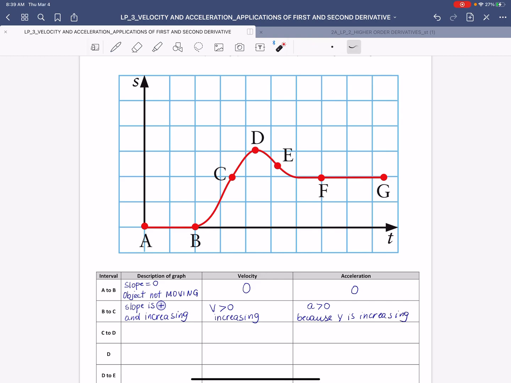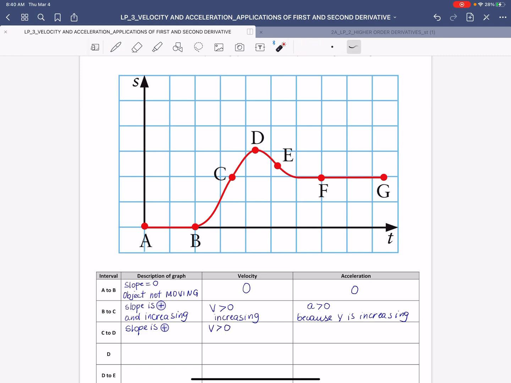The next time interval we're looking at is from point C to point D. So as you can see, from point C to point D, the slope of the tangent at any point is positive. So we'll say slope is positive. And a positive slope means that velocity is positive.